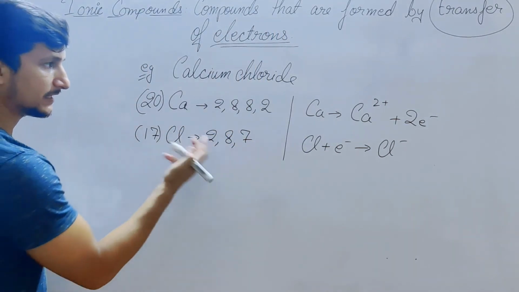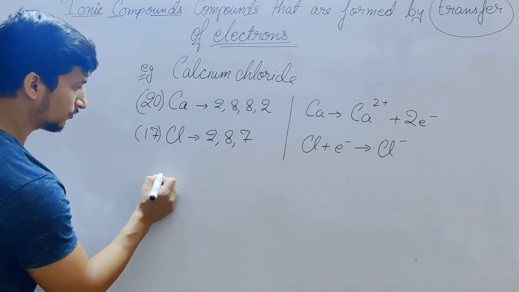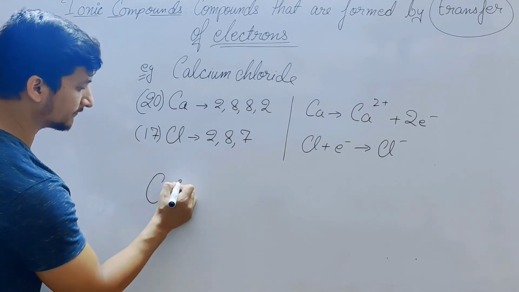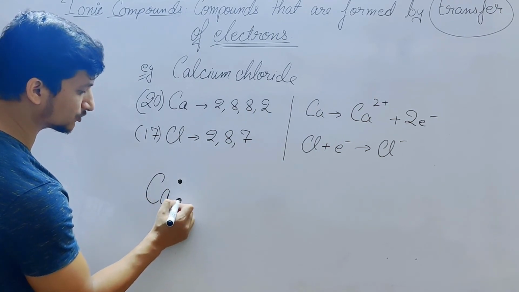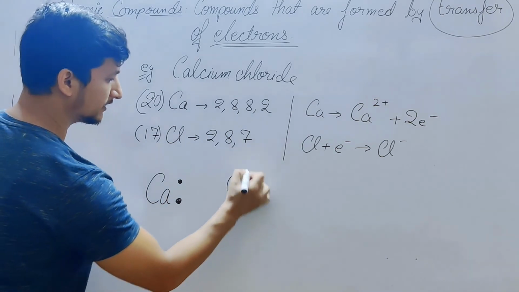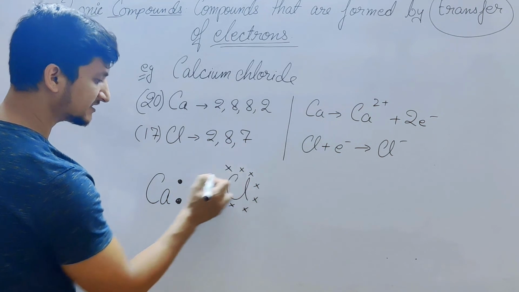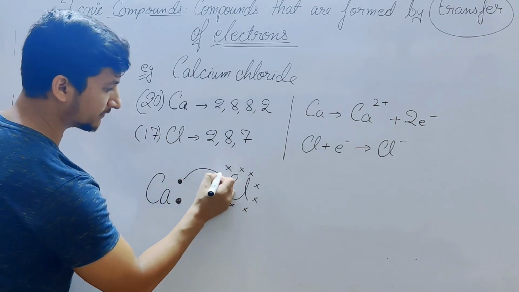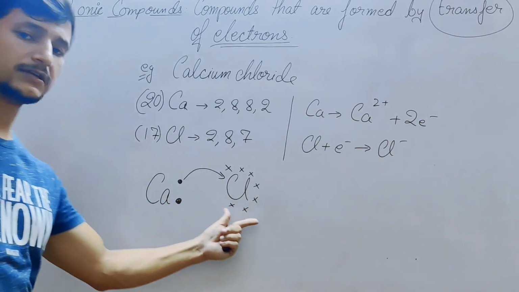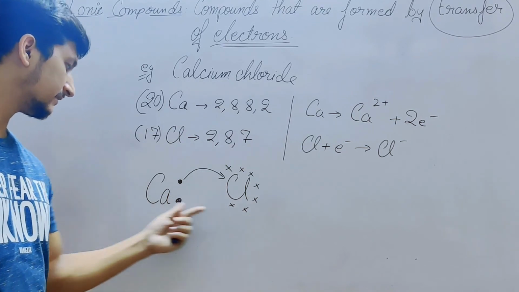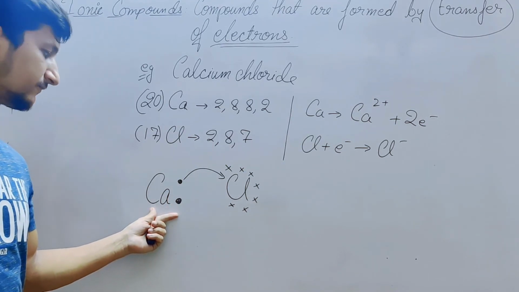Now how does the electron transfer take place? Look, we have a calcium atom having 2 electrons in its outermost shell and 1 chlorine having 7. This chlorine needs only 1 electron, so it will gain 1 electron. This chlorine has completed its octet, but still 1 electron is left with calcium.